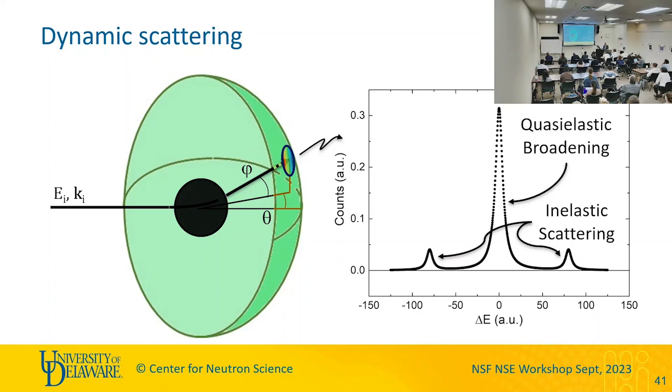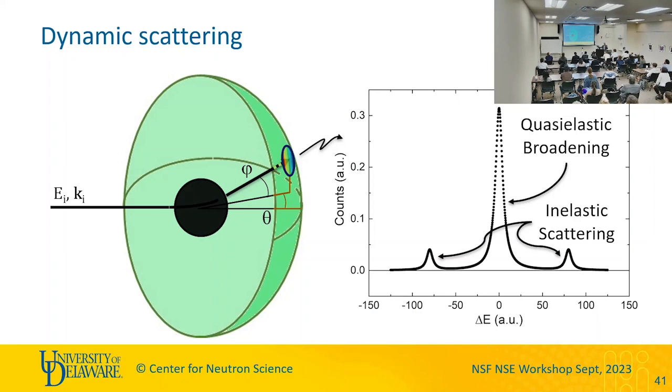So I spoke about dynamic scattering, and I told you how you prepare your experimental setup and how you interpret it, but this is how it will look. First of all, you usually look at a specific Q, at a specific scattering angle, and then you plot how many neutrons have exchanged a certain amount of energy with your sample.